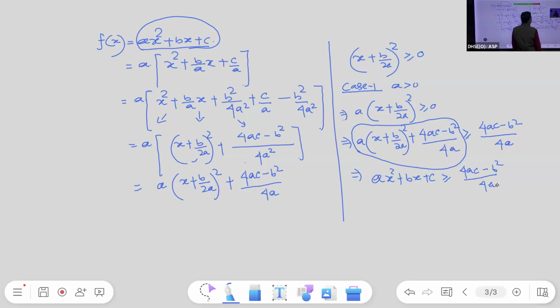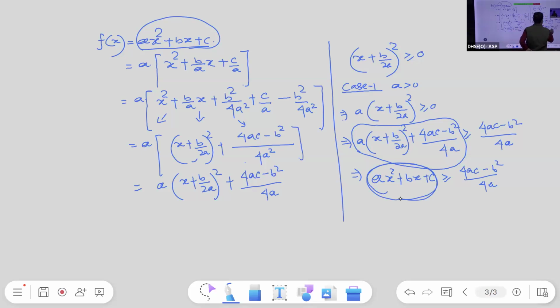Since x is a variable, ax² + bx + c is a variable expression. The variable expression is greater than or equal to (4ac − b²)/4a. That means if you consider this one as y, the right hand side expression is a constant. Let it be 5 or 10 or 7.